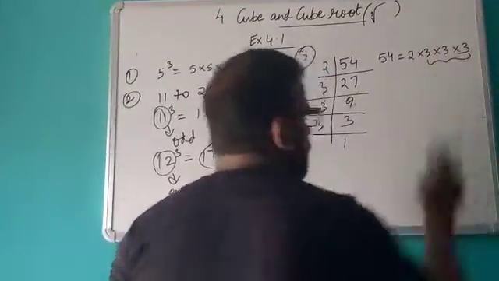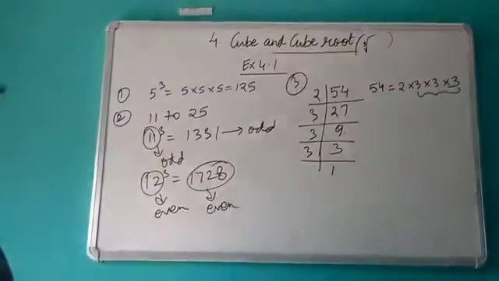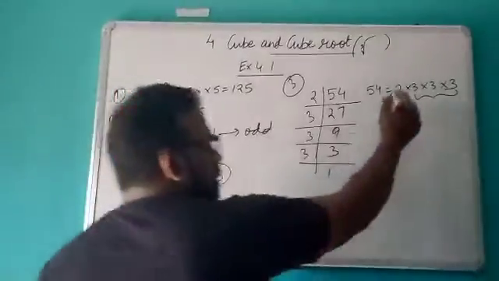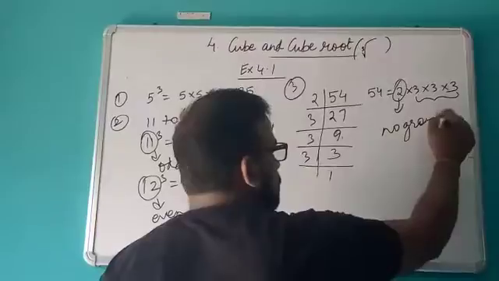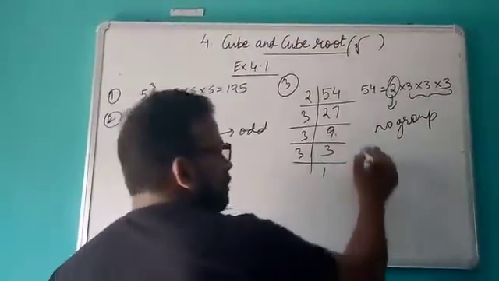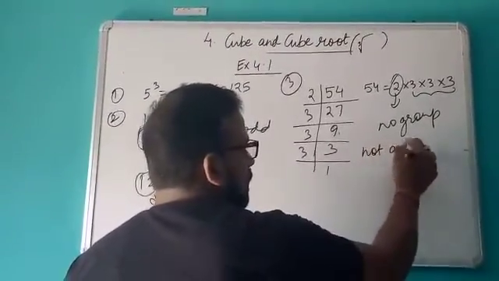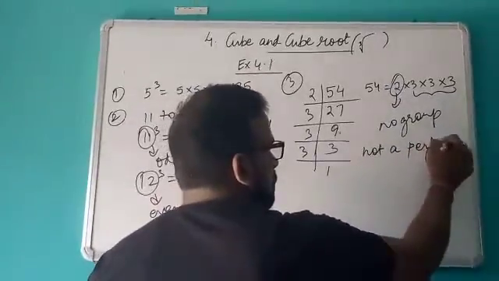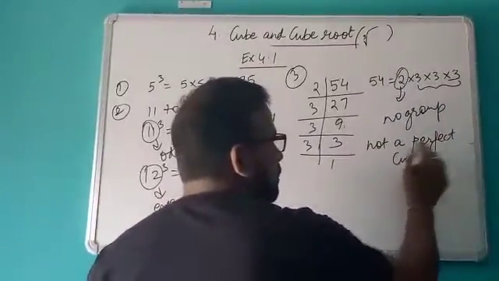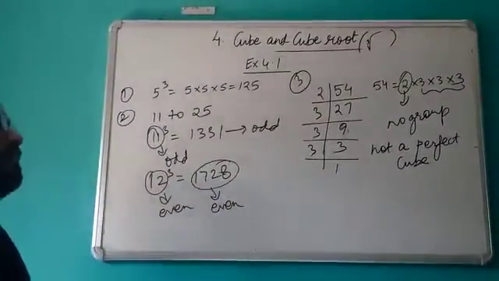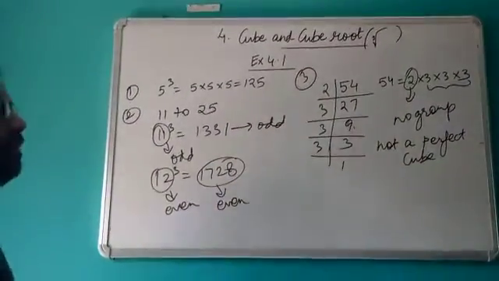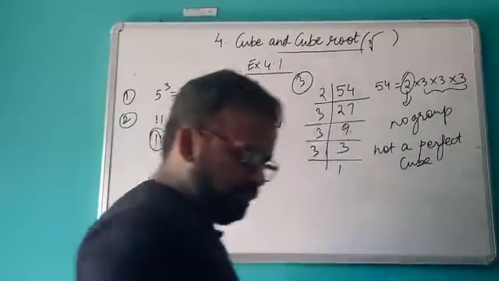So there is only one group of 3, and after making the group, this 2 is left. It has no group. That means if any prime factor is left, that number is not a perfect cube. There must be a group of 3 numbers of all the prime factors, only then the number will be a perfect cube.